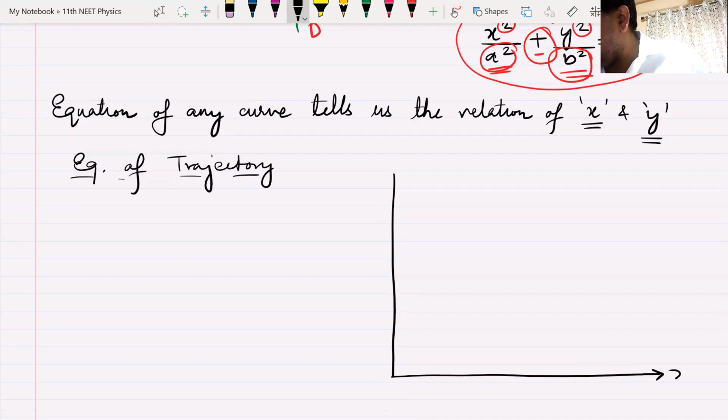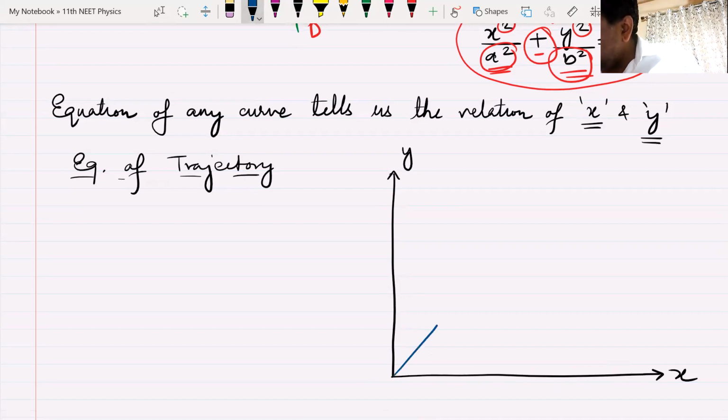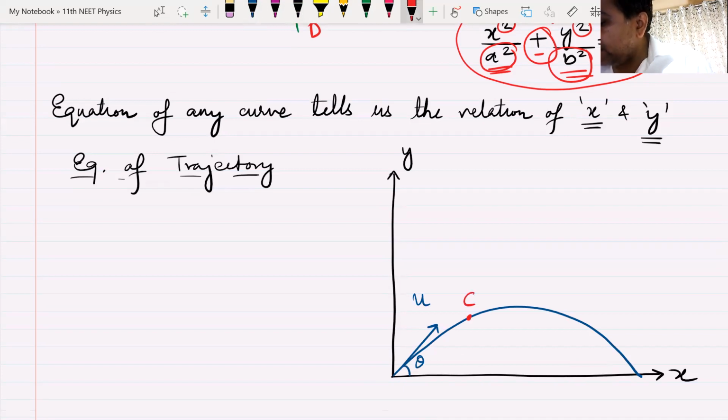How will I find out this equation? You call it equation of trajectory or whatever. How will I find it out? I do not have a magic wand. If I take some point on the trajectory, let me call this point as C and this point as O. This point C has some X coordinate and some Y coordinate.